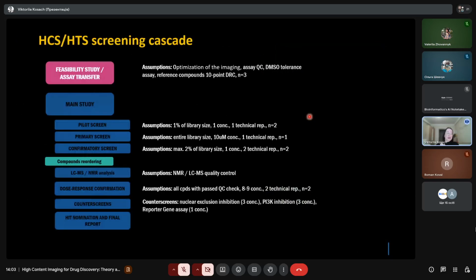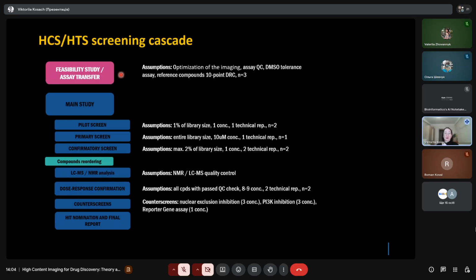High content screening and high throughput screening projects are managed in a cascade manner or waterfall manner. So it has step-by-step development. The first part was a feasibility study.